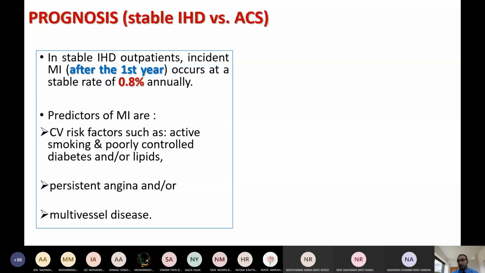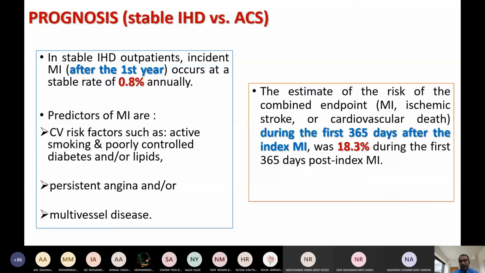On the other side, for acute coronary syndrome, for patients who happen to have a cardiac attack, the risk of the combined endpoint of having another myocardial infarction, ischemic stroke, or even cardiovascular death within 1 year will be around 18.3% during the first year after their first MI.